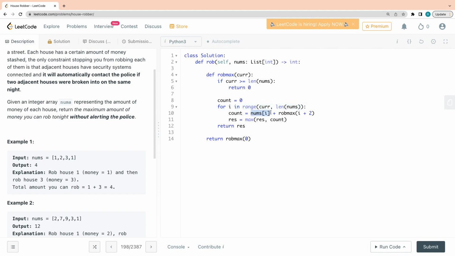I robbed the first house, then I have only i plus two choices, and this function will call recursively, and once it hits the base case, it will return that particular choice which I made, and I will get the count.